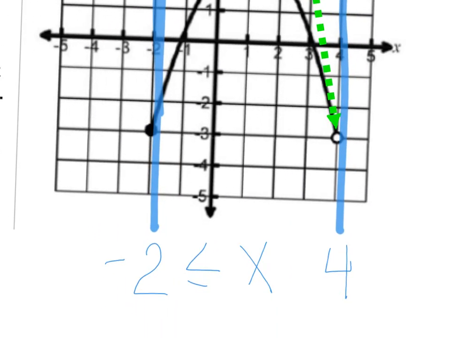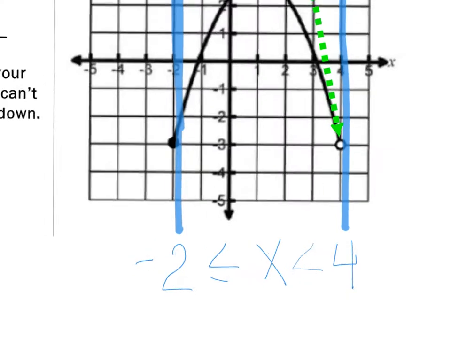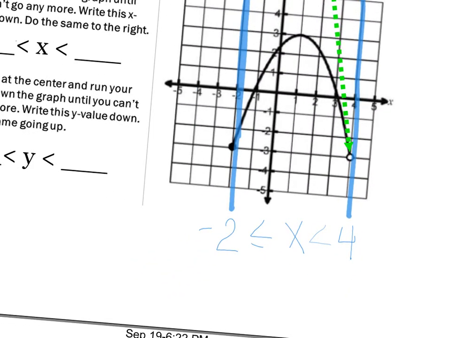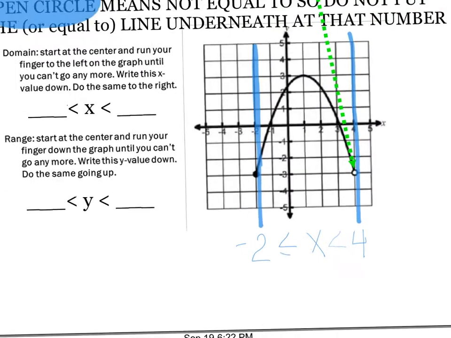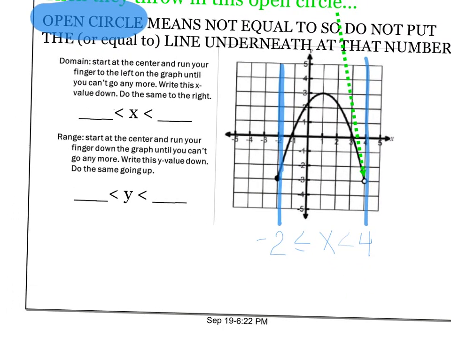Do you see the difference between the right side and the left? Well, that makes a difference in how I'm writing it. I'm just going to put that inequality. I don't put a line underneath. And that's the only difference there. Very simple. One has a line underneath because on -2 it's filled in. On 4 it's not, so we don't need to do anything towards that. So my domain is simply -2 less than or equal to x, which is less than 4.